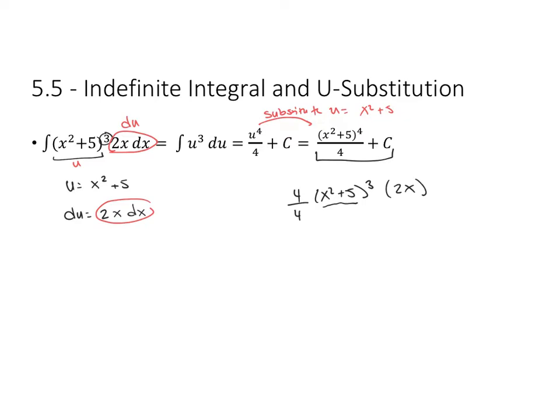So the 4 and the 4 will cancel, and I just get x squared plus 5 cubed times 2x. And notice, yes, that is exactly what we were given at the beginning. So doing it this way definitely got us the antiderivative of what we were looking for. Remember, until you're confident, I want you to always check by taking the derivative.